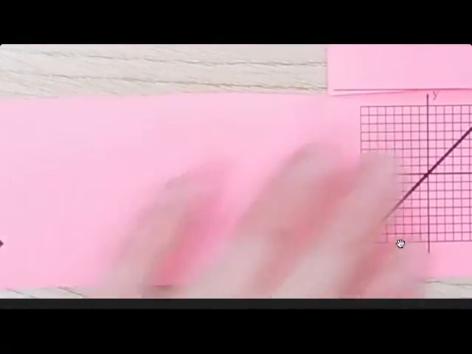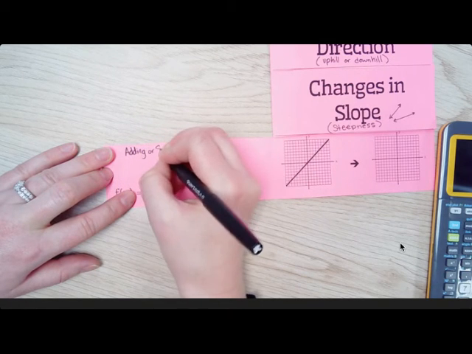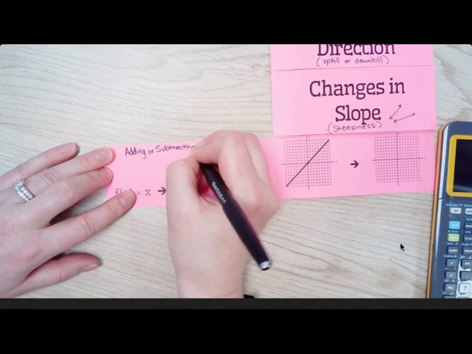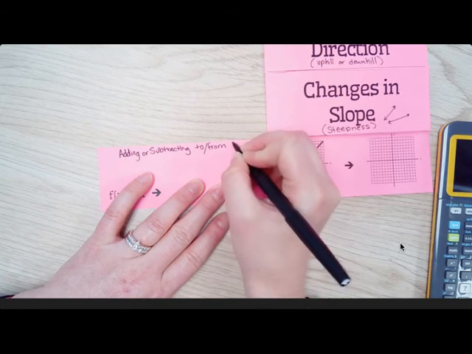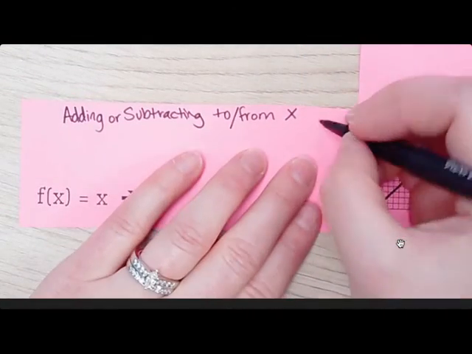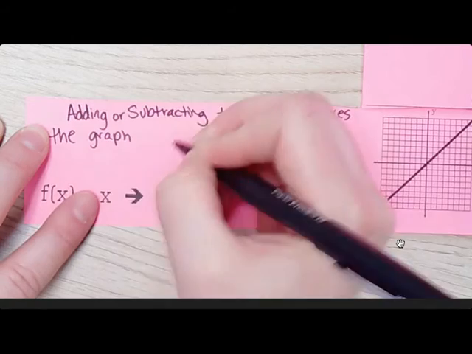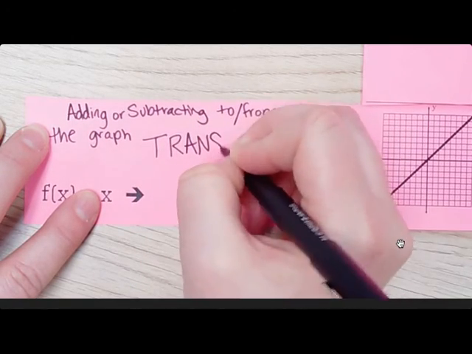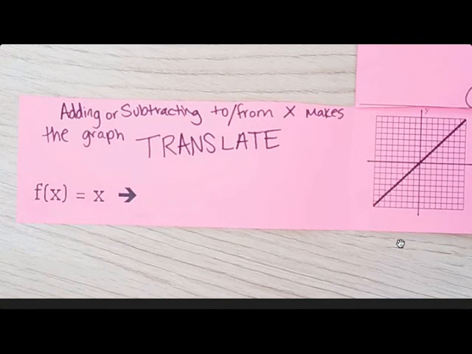Okay, so in here we are going to say adding or subtracting to/from x makes the graph translate. We're almost done.